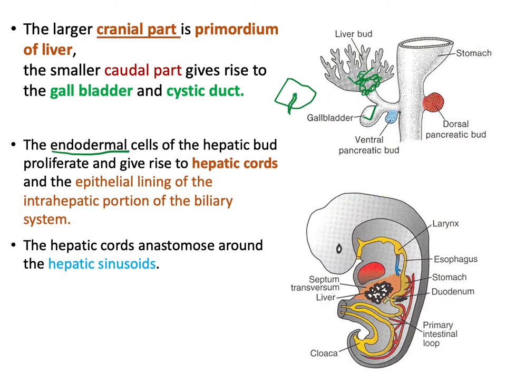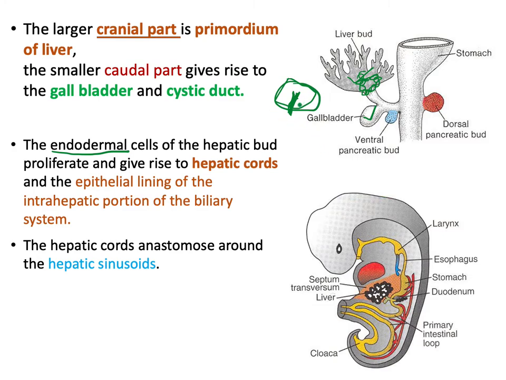You know, there is secretion of bile from the liver through ducts that are lined by epithelium formed by endoderm. So the epithelial lining of the intrahepatic portion of the biliary system is formed by endoderm, plus the hepatic cord itself.